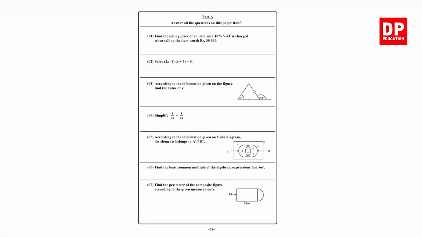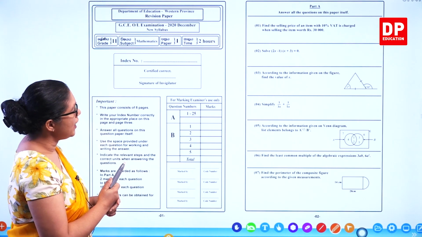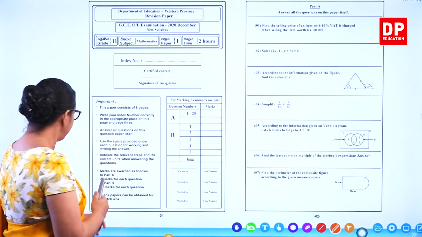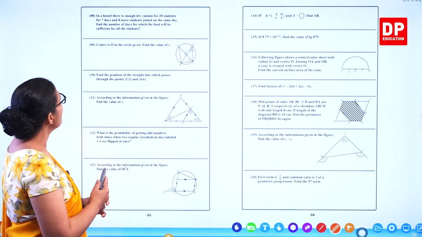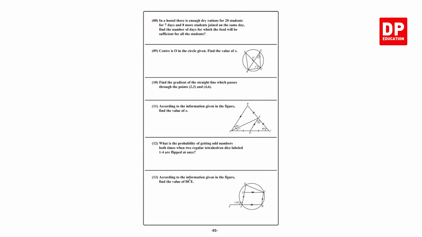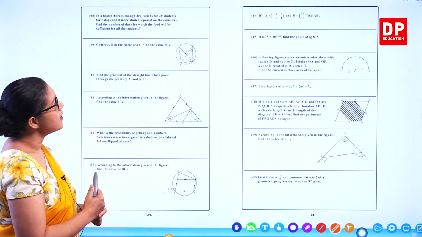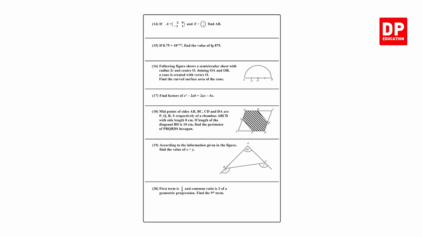In part A, you have to answer all questions. On the first page, you get question numbers 1 to 7. Page 2, you get question numbers 8 to 13. Page number 3, you get questions 14 to 20.